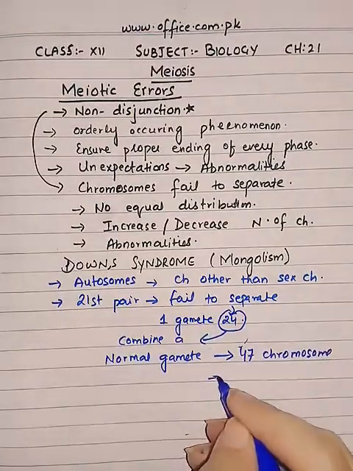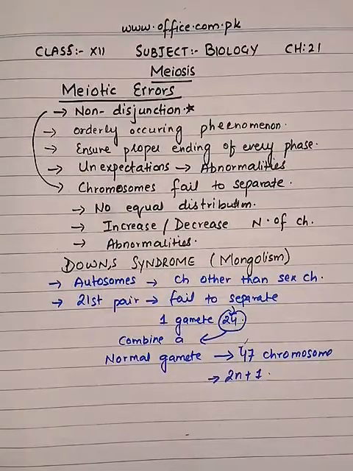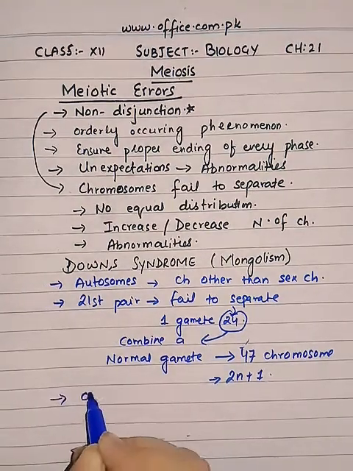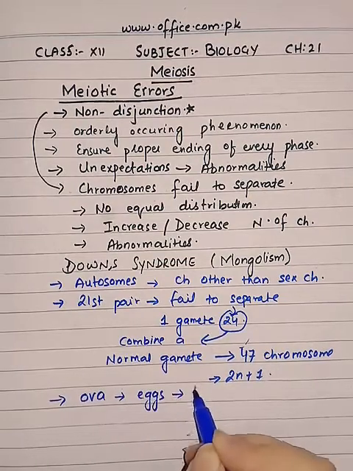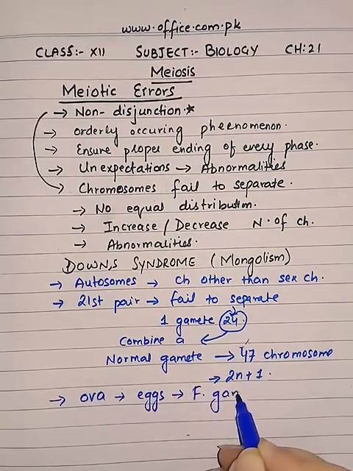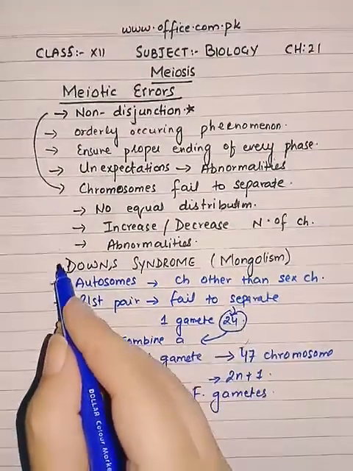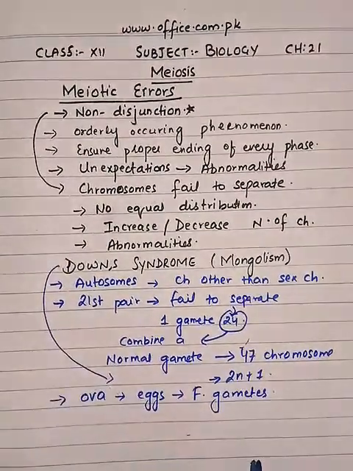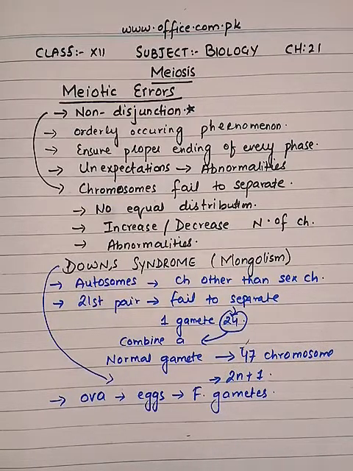Biologically, it is written as 2n plus 1, or 47 chromosomes. Now this non-disjunction appears to occur in ova, meaning eggs, which are the female gametes. It means that this syndrome is linked to female gametes, known as eggs or ova.